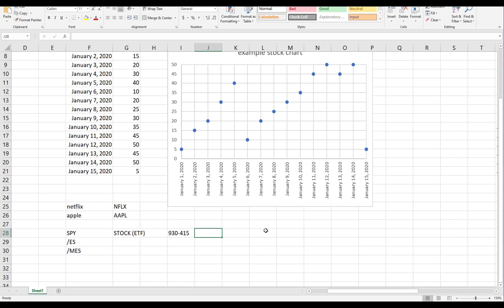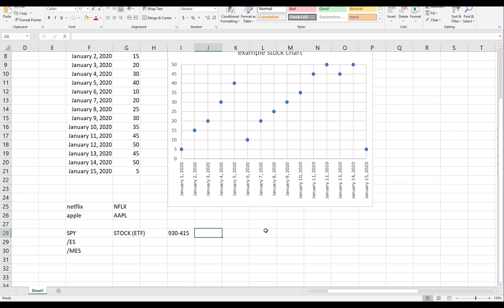And it is open from Sunday night at 6 o'clock at night, New York time, and it closes Friday night at 5 o'clock at night.